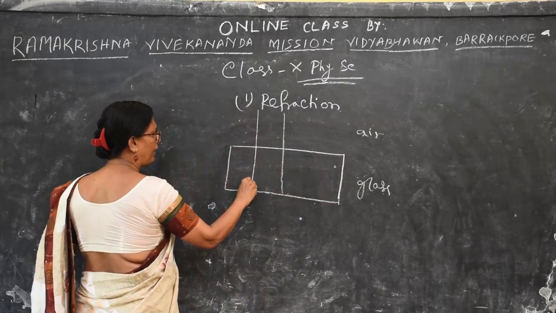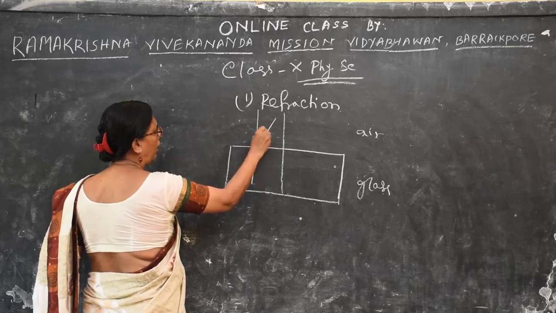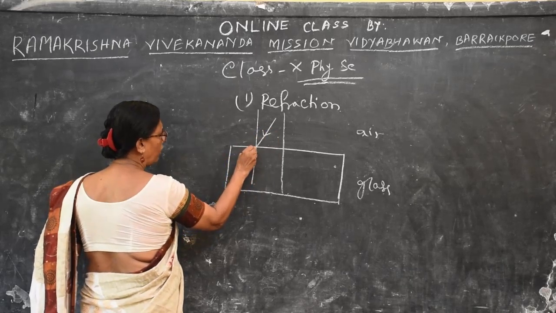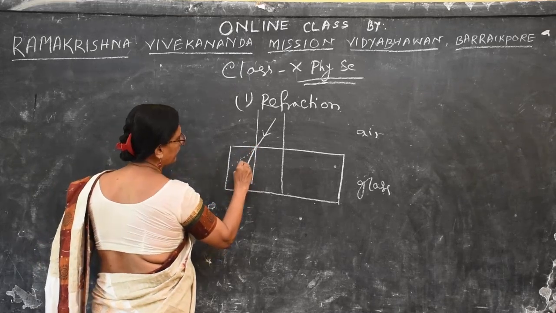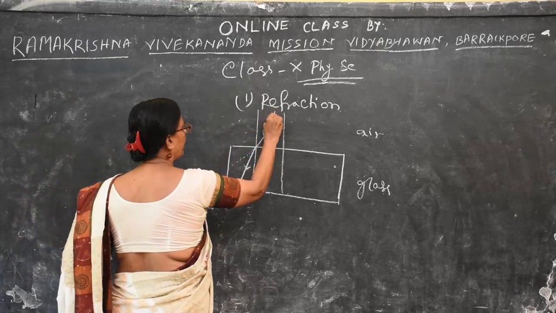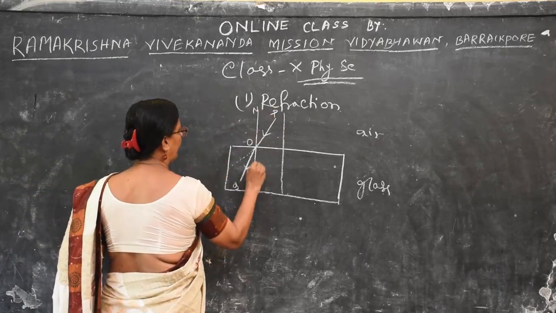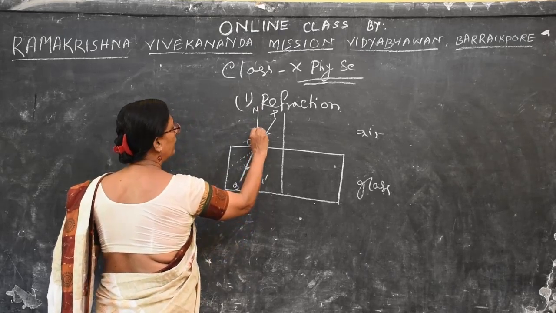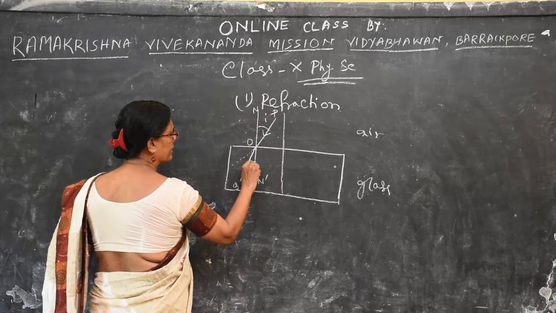If light passes from the air to the glass, this is the normal path, but it deviates here. It comes closer to the normal. If it is P, O and Q, this is called N and N dash. It is the normal. This angle is I and this angle is R.